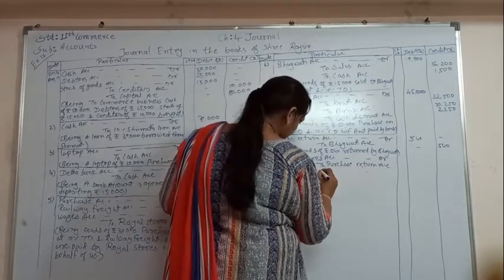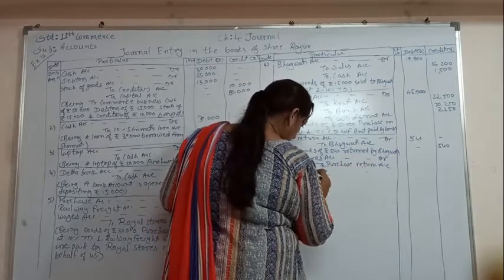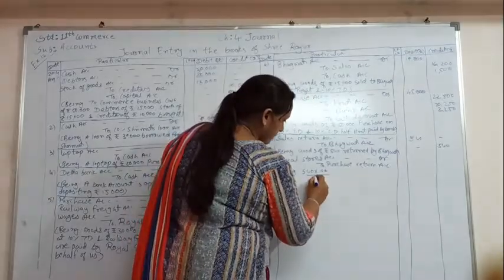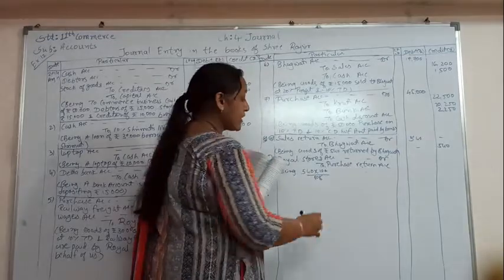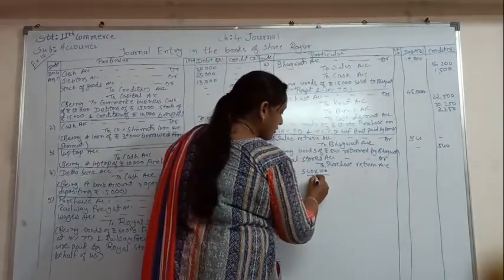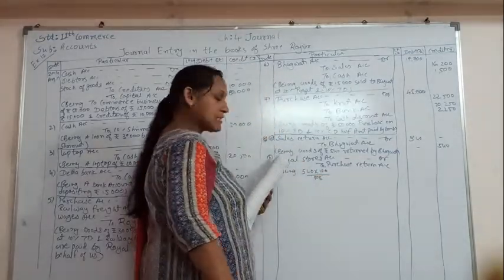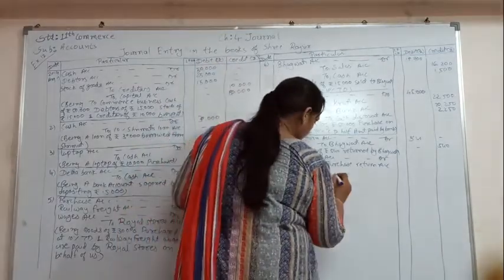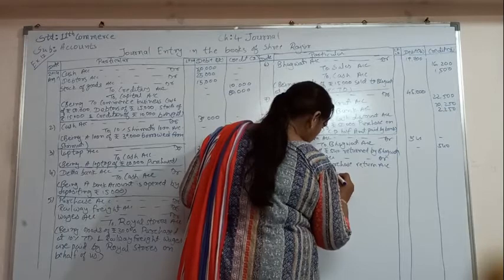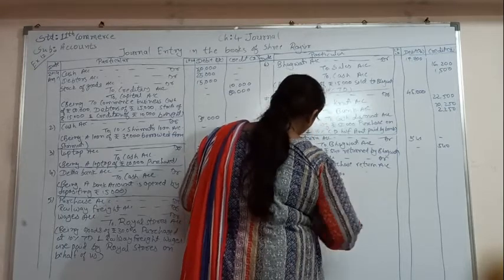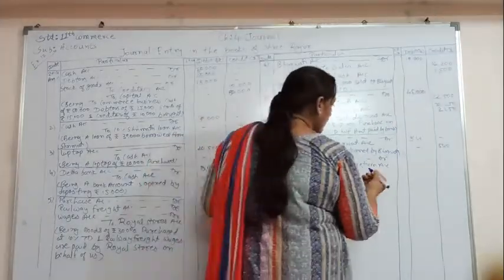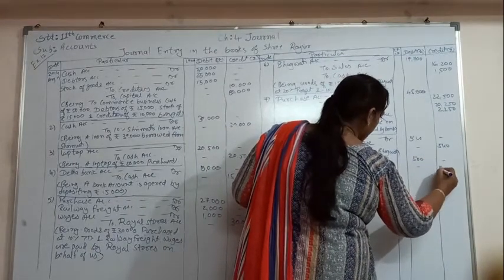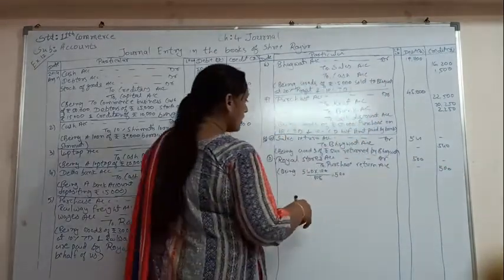So we can see that this goods is of 108. The sales price is, if the goods is of rupees 100, then the sales price is 108. Then if the goods is of rupees 540, how much will the cost be? So that cost is rupees 500. So here our goods is of rupees 500 that we are going to return back to the Royal Stores.